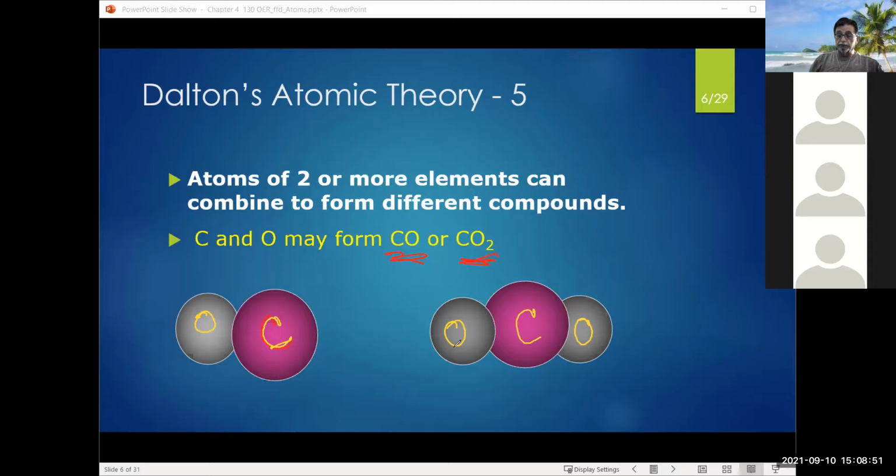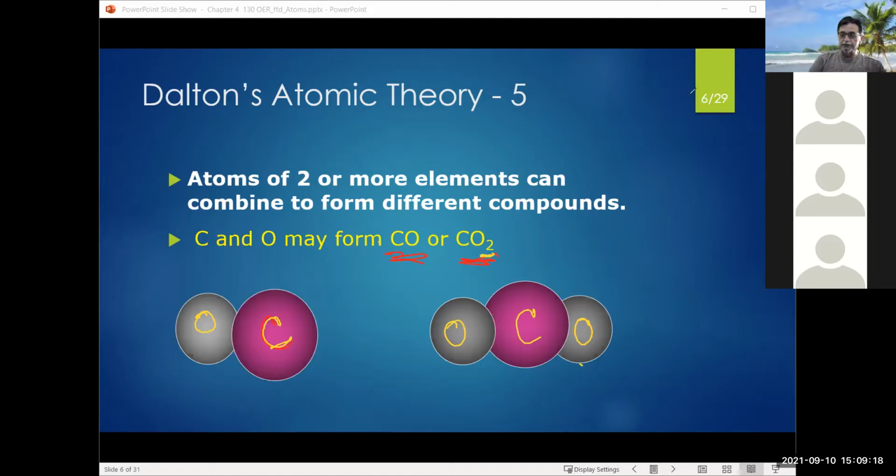Carbon monoxide, a poisonous gas. Carbon dioxide, an important gas for plants, right? But there's still carbon and oxygen, just in different ratios, whole numbers again. Notice the naming: carbon monoxide, mono meaning 1, carbon dioxide, di meaning 2 oxygens, dioxide.